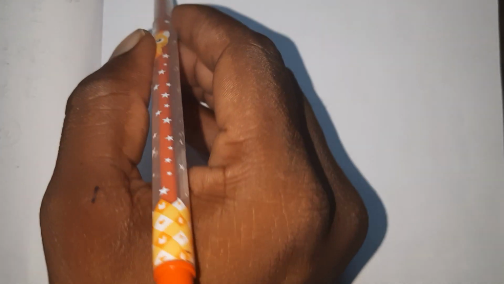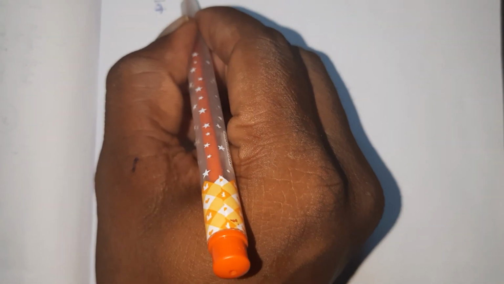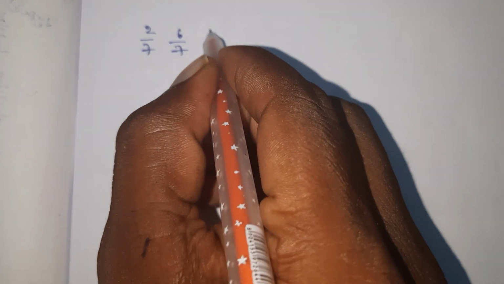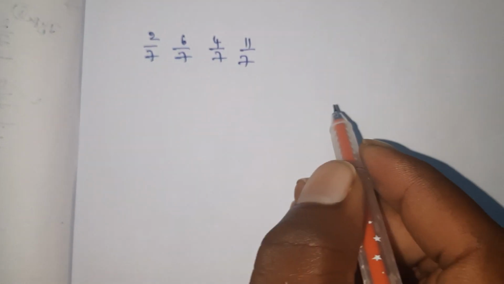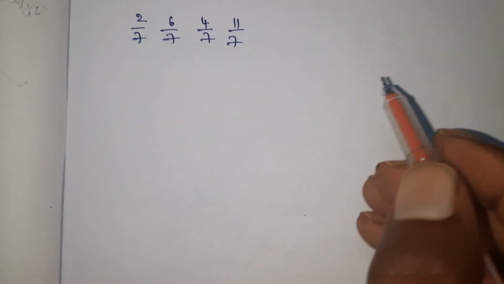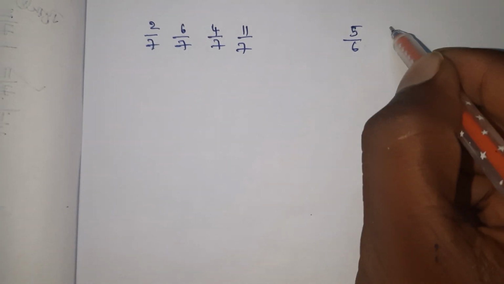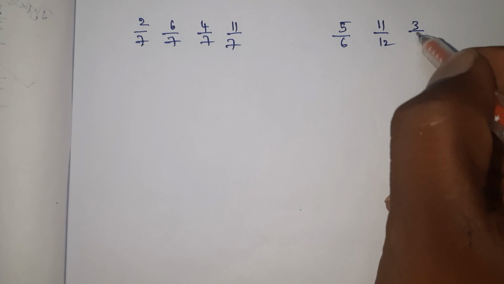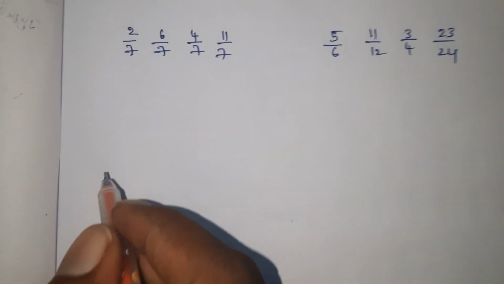Let's see. So 2 by 7, 6 by 7, 4 by 7, 11 by 7, and next 5 by 6, 11 by 12, 3 by 4, 23 by 24.